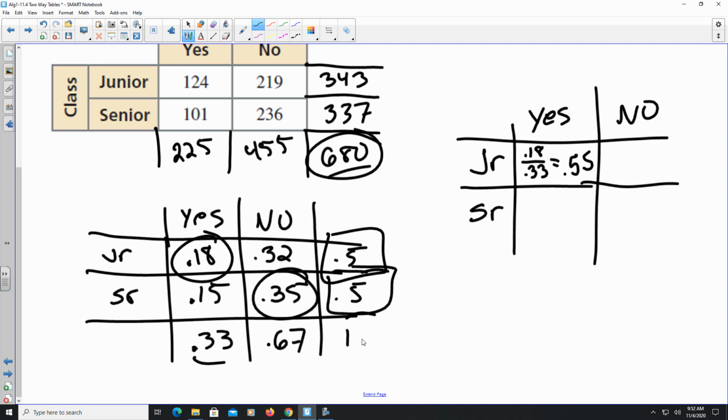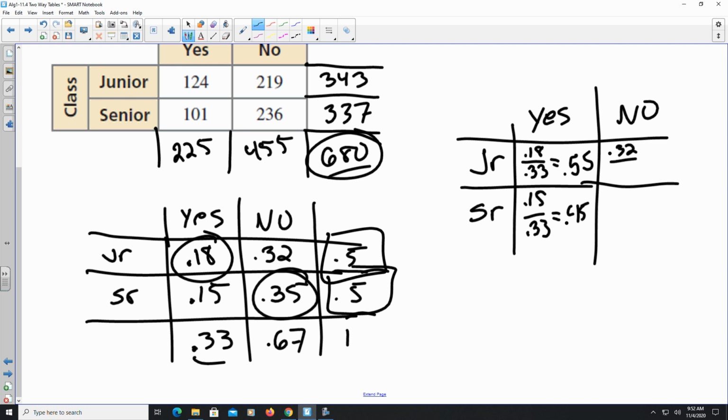Over on the bottom, we have 0.15. That's going to be divided by 0.33, and when we divide those together we get about 0.45. Looking at the no's for juniors, it was 0.32.